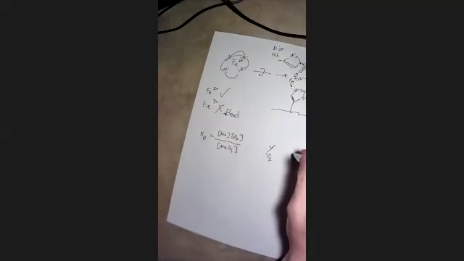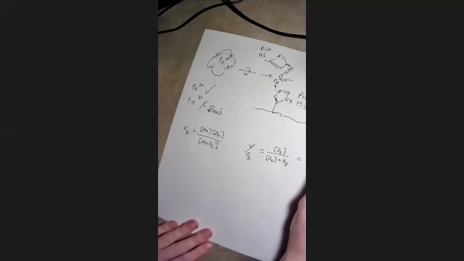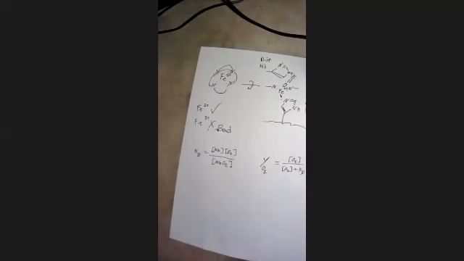And so we said that that is actually equal to the concentration of O2 over the concentration of O2 plus the dissociation constant. And another way to write that is also the partial pressure of O2 over the partial pressure of O2 plus this dissociation constant. I think.